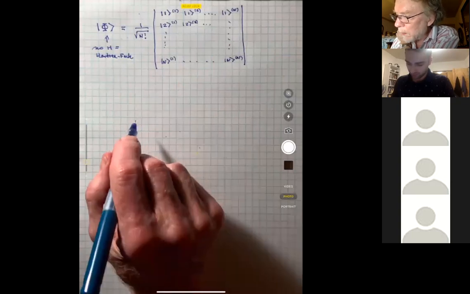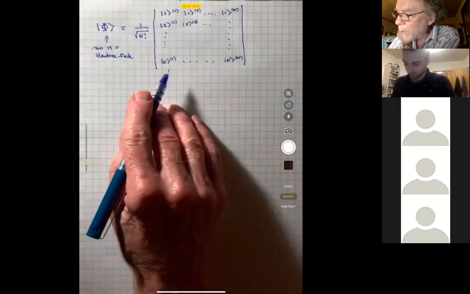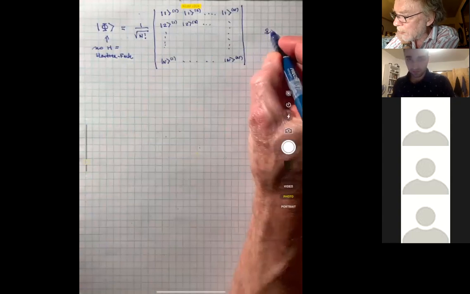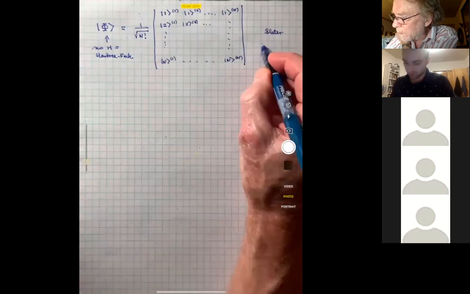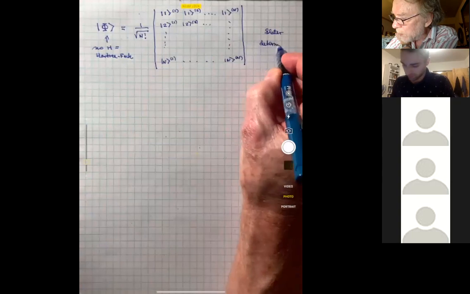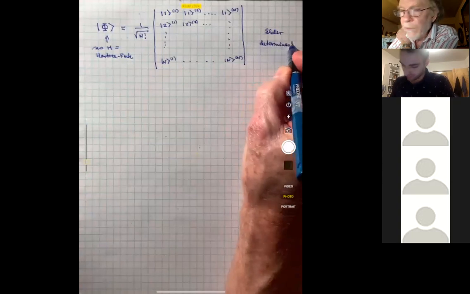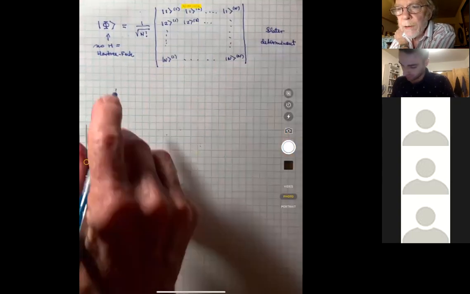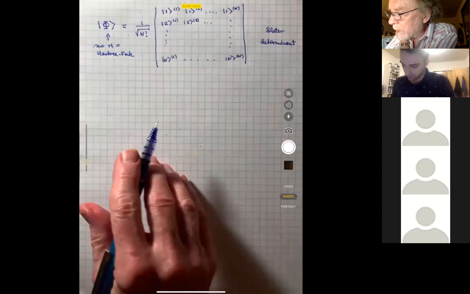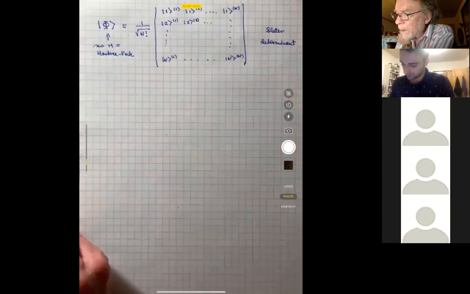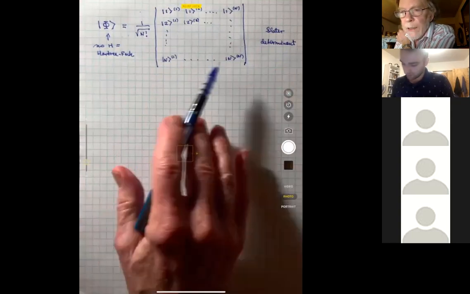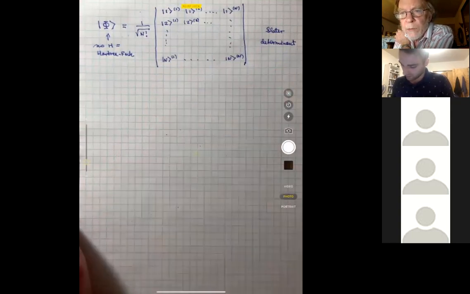Now, I'll say something about the single particle orbitals in a moment, but first, this is called a Slater determinant. I don't know how Slater and Fock talked to each other, but Fock was using Slater determinants for his analysis. If you expand out the Slater determinant using Cramer's rule, what you'll get is a collection of n factorial terms.